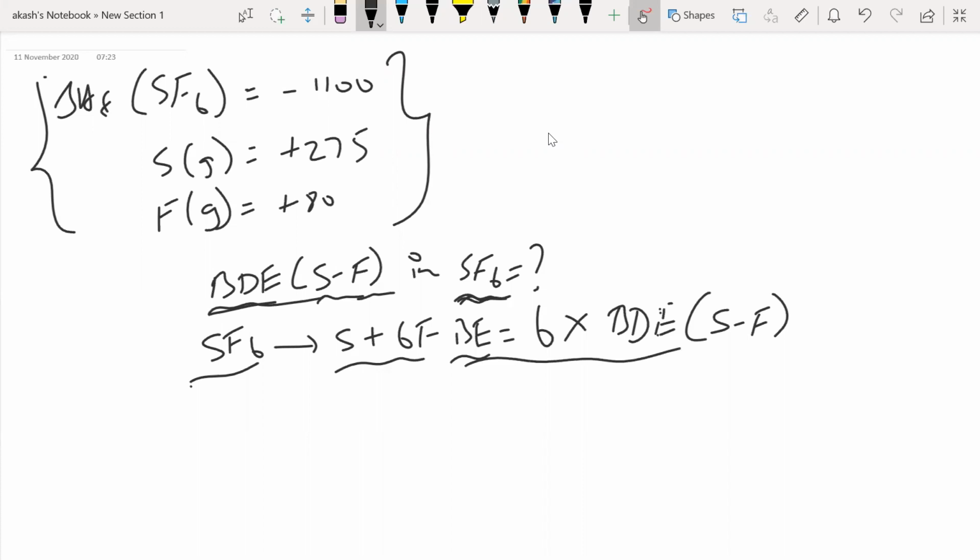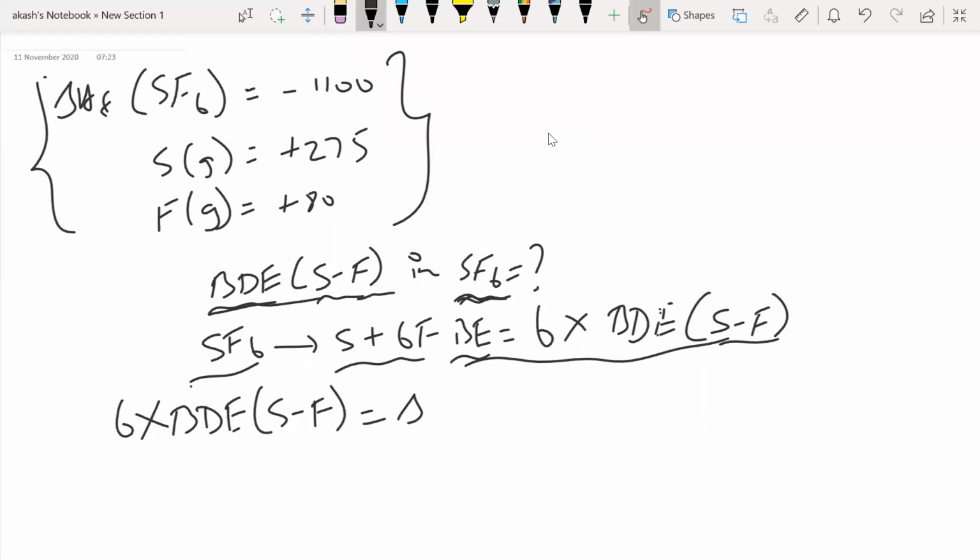Right. Now this is the overall enthalpy here. Now this overall enthalpy again can be written in terms of enthalpies of formation. Correct. So I can write 6 into bond dissociation energy of SF bond will be equal to enthalpy of formation of products minus enthalpy of formation of reactants, right?